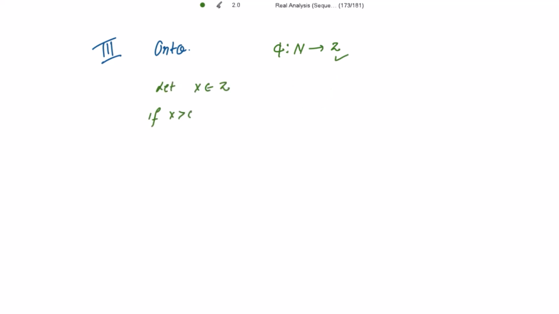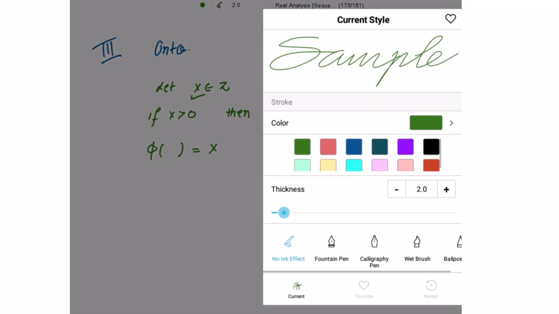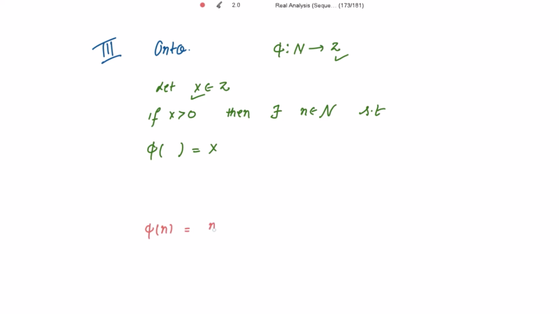If x is positive, then there exists a natural number belonging to N such that phi of that natural number should be equal to this x. Right? We have to choose such a natural number so that I can get x. What is the definition for phi? How have we defined phi? We have defined phi of n equal to n divided by 2 for even numbers.